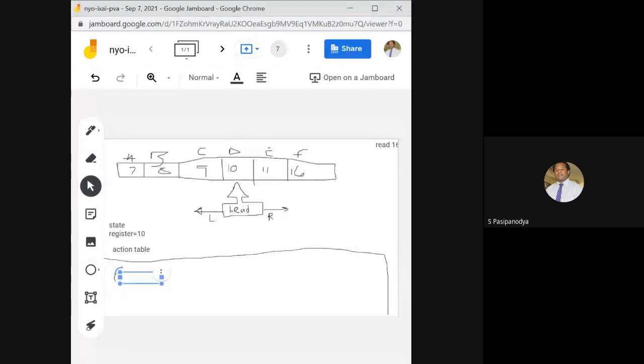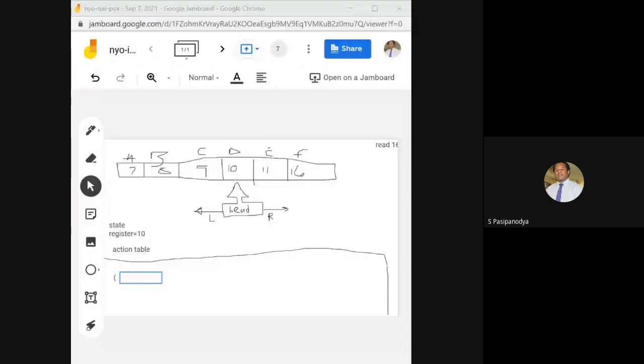And my question was, what is the old state and what is the old symbol? Old state is D10.